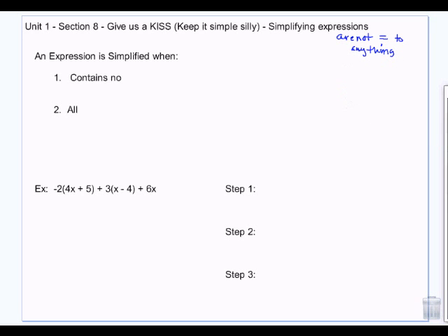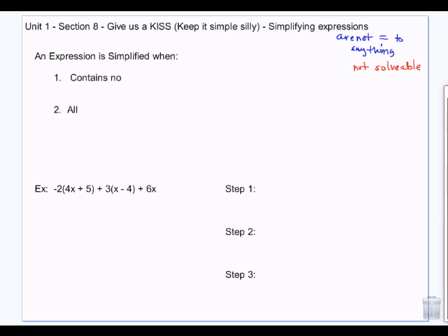So expressions are not solvable. You can only solve something if there's an equal sign already present. So if I have all of this, it doesn't equal anything, so I can't end up with x equals something.